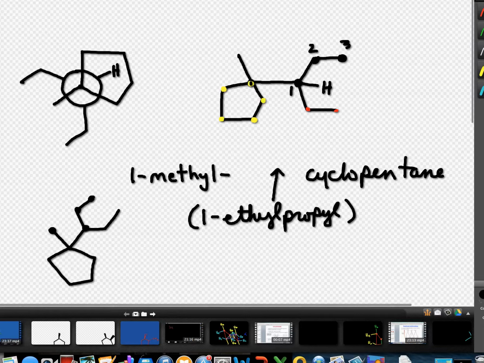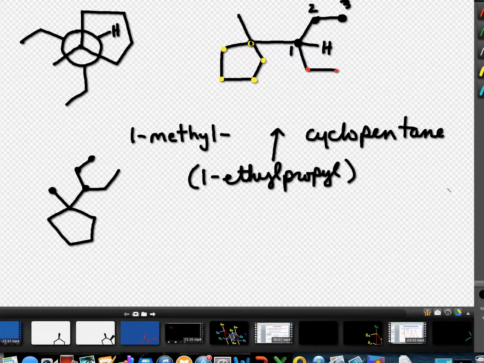And last but not least, let's look at drawing the most stable, or excuse me, the least stable conformer, which is going to have the cyclopropyl ring, the cyclopentyl ring, and the methyl groups eclipsed. So I'm going to place this one in red.